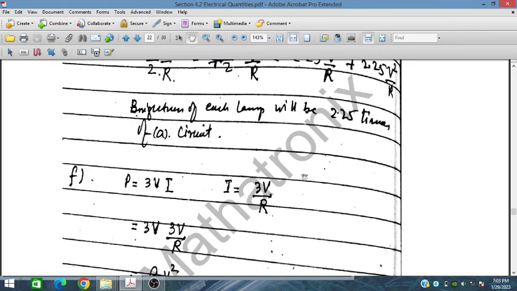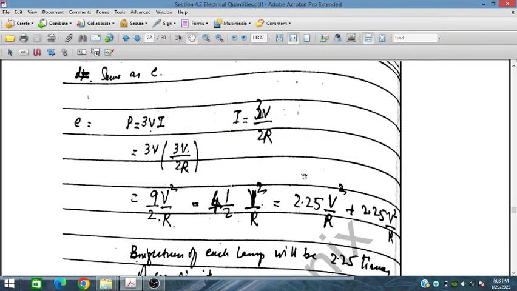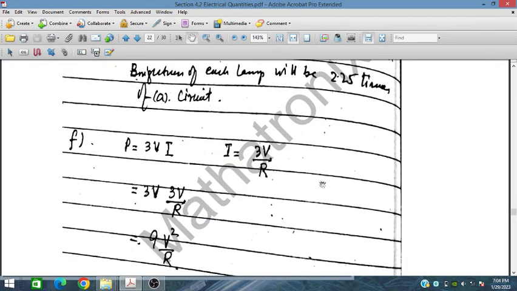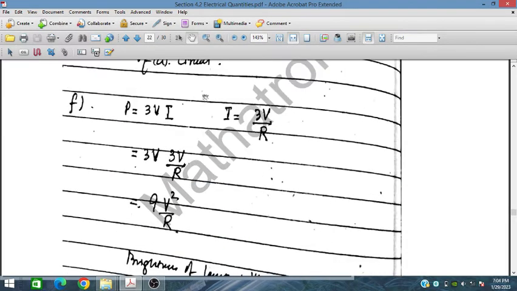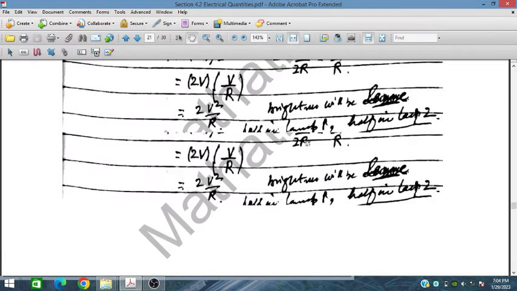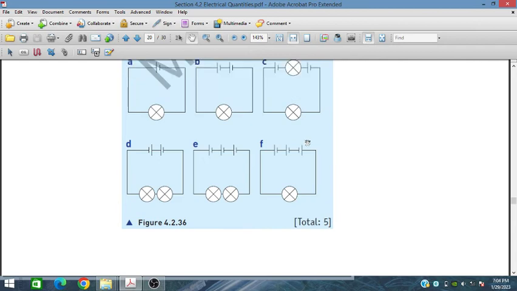Sorry, this is not the case for E, it is for F. If F is like this, then this will be the brightness, if this is a positive terminal and this is negative. Here we have only V voltage applied, because these will cancel each other and only this voltage will be applied.